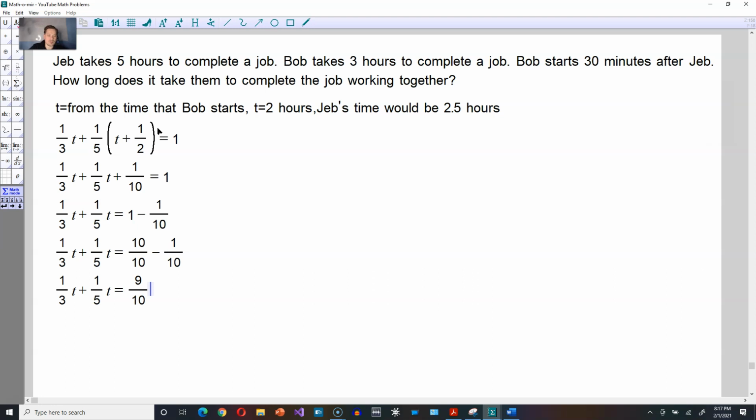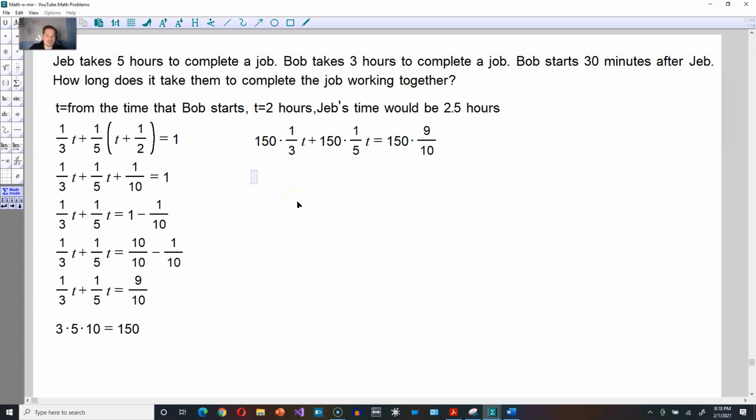And then you have to clear away the fractions. If nothing else, just multiply the 3 by the 5 by the 10. That's going to give you 150, and then multiply every term by 150. So you'll have 150 times 1/3 t plus 150 times 1/5 t is equal to 150 times 9 divided by 10.